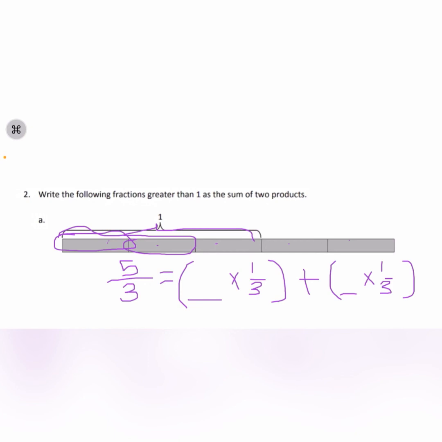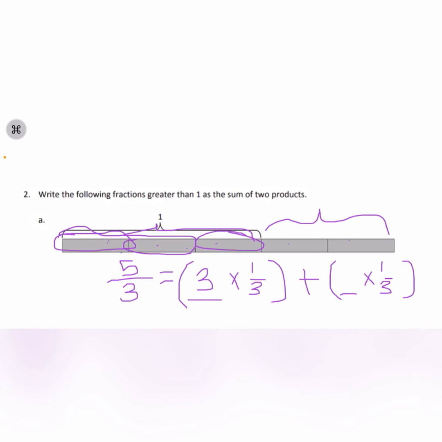My next part is knowing what number I am multiplying by. If you look at how many parts are in the one whole, we have 1, 2, 3 parts in the one whole. So I need to multiply by 3 to get that first chunk, which is that one whole. My next step would be to do the same thing, but for the remaining 2 pieces right here.